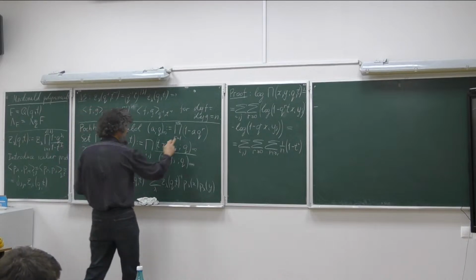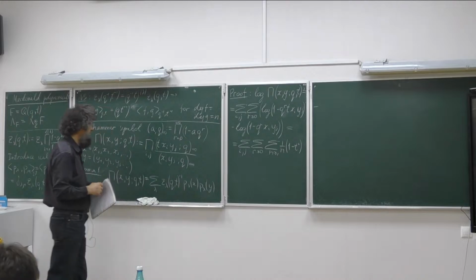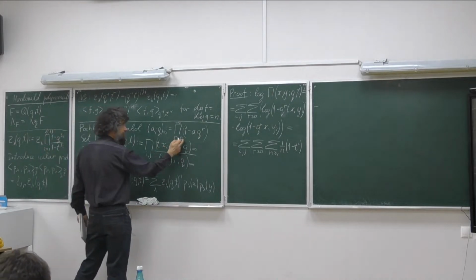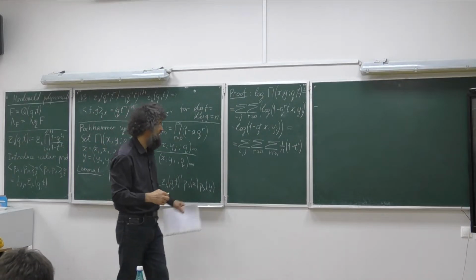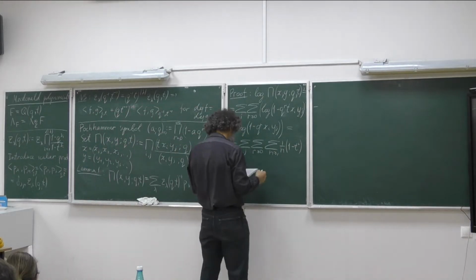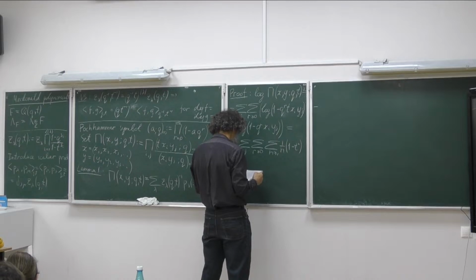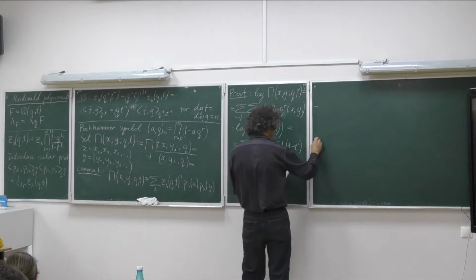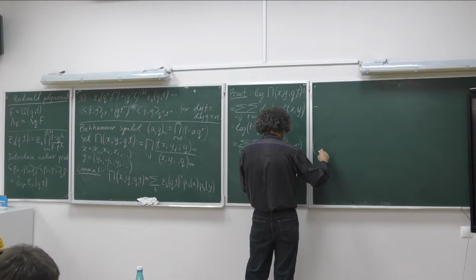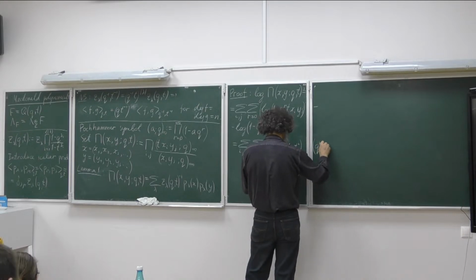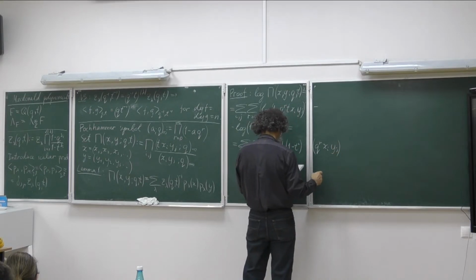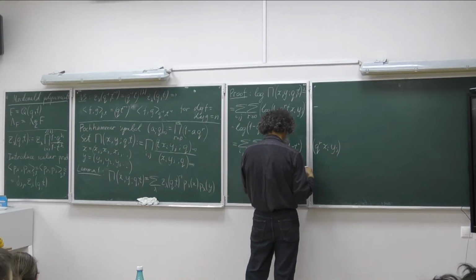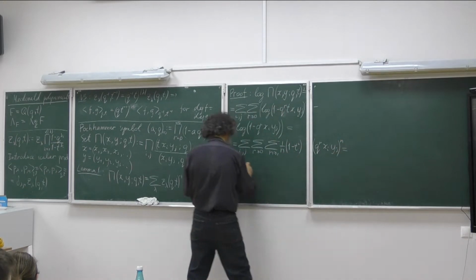Yes, this was my mistake. So in the Pochhammer symbol, you start from 0, so from 1 minus a. Thank you. So 1 minus t to the n, and then q to the r, x_i y_j to the power n. Okay.